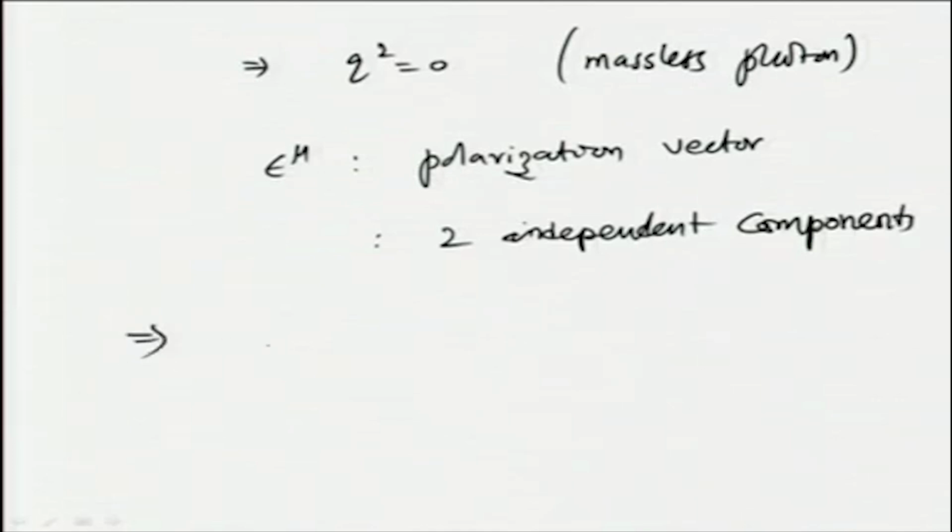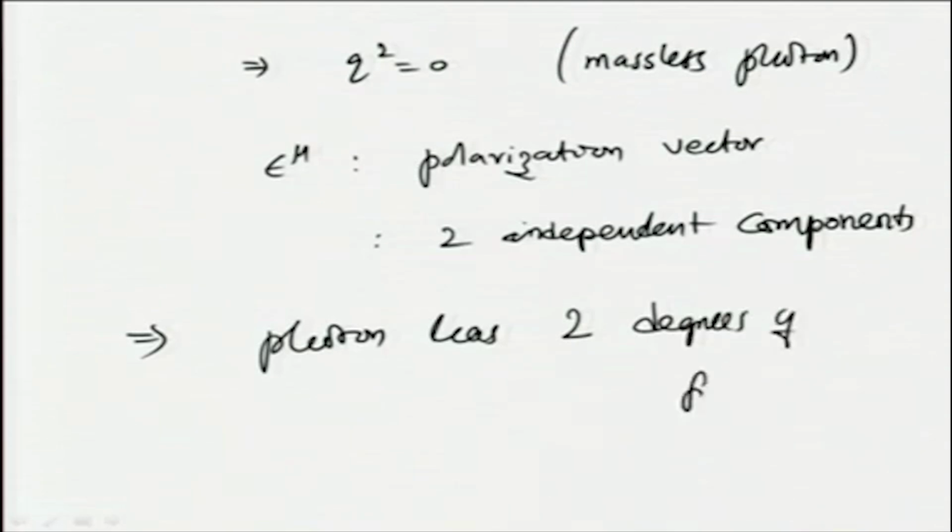That in turn tells us that photon has 2 degrees of freedom. So, we will come to the discussion of the interaction of the charged particle with such photons, photon fields in the coming discussion.